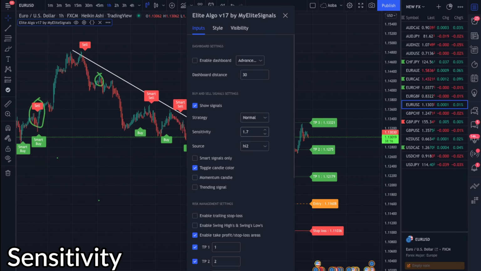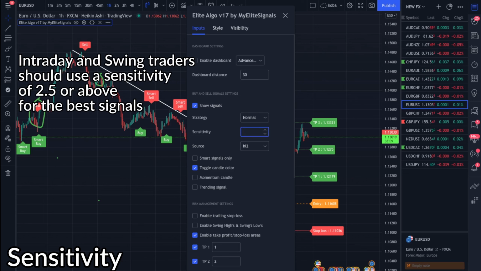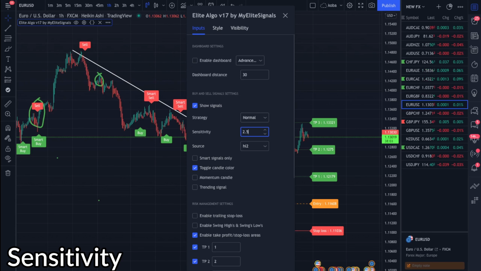If you want to do more of an intraday strategy or more of a swing trading strategy, what you can do is you can increase the sensitivity even further, guys. So for example, if I want to do more of an intraday trading, I would want my sensitivity to be anywhere between 2.5 and say 3.5, guys, right? So if I'm more of an intraday trader, I would want to have a bigger sensitivity, guys.